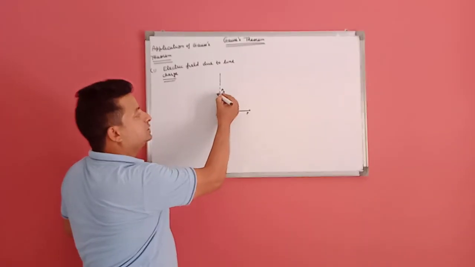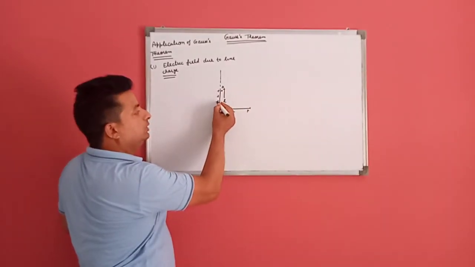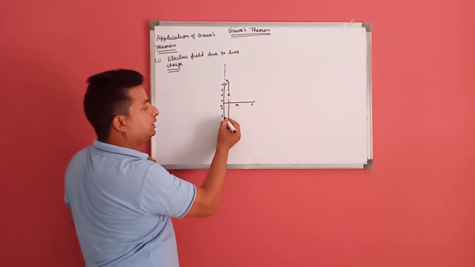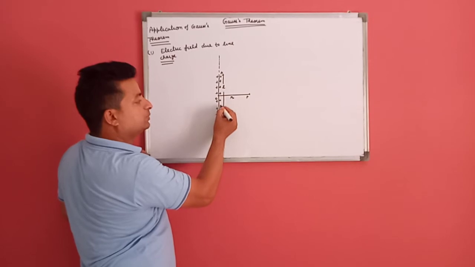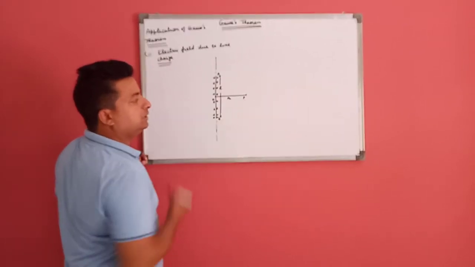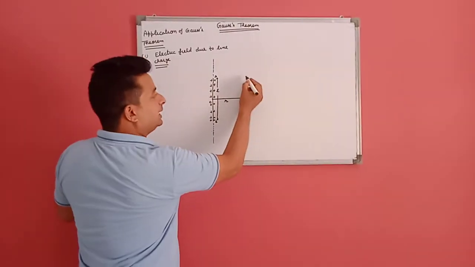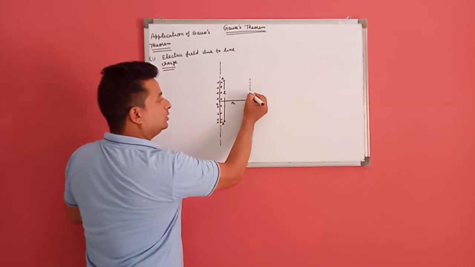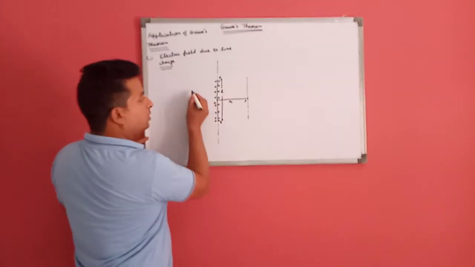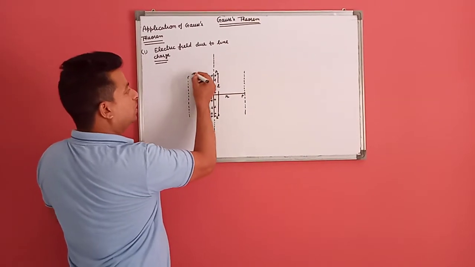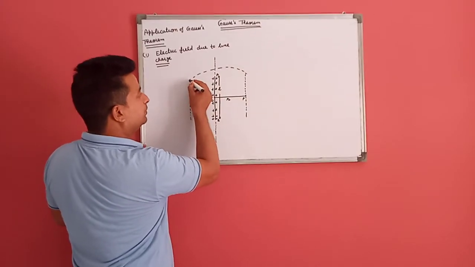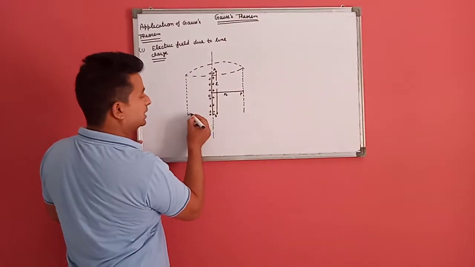Suppose that charge plus Q is distributed along its length. To find the electric field, draw a Gaussian surface of cylindrical shape of radius r.